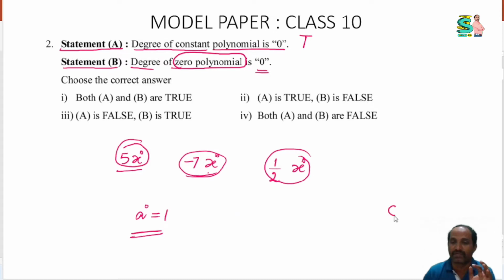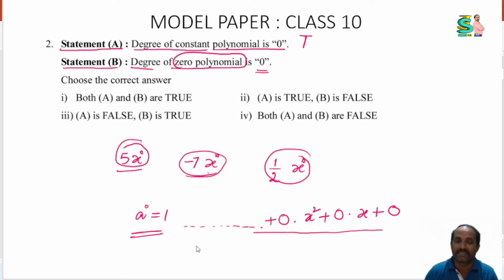For example, constant term 0 plus 0x plus 0x square plus... We can write so many terms here. There is no end, unlimited numbers are there. That's why the degree of this polynomial does not exist. The degree of the 0 polynomial does not exist.